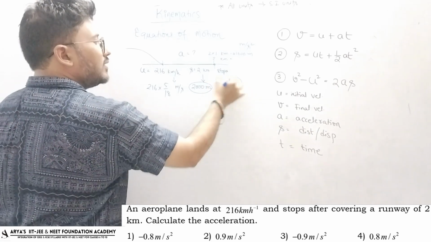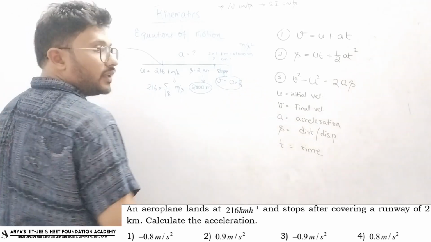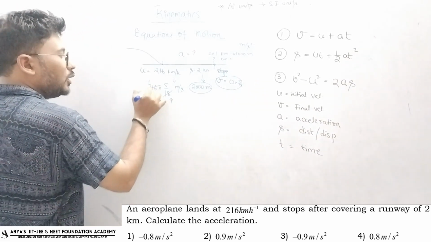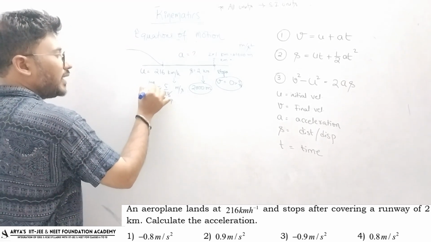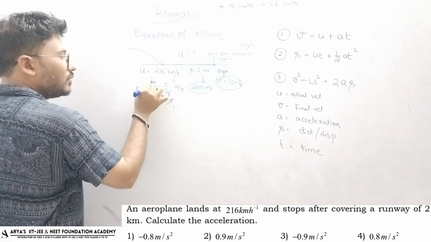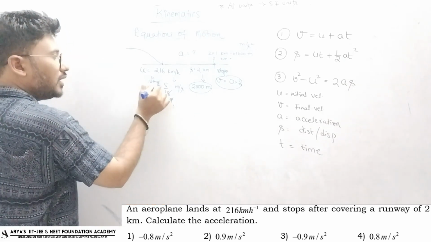The v value anyhow is 0. If you convert by 5 by 18 also, it is 0 only. Now 216 by 18: 2 nines are 18, 2 ones, then 2 zero, 2 eights are 16, 9 ones are 9, 9 twos are 18. Right. Now we got 12 into 5.